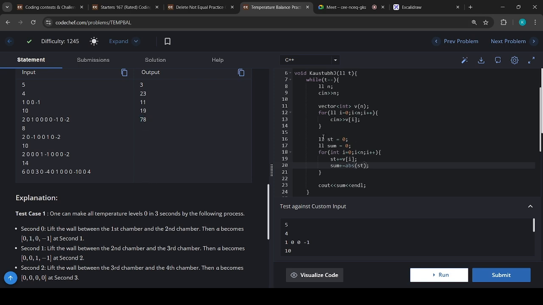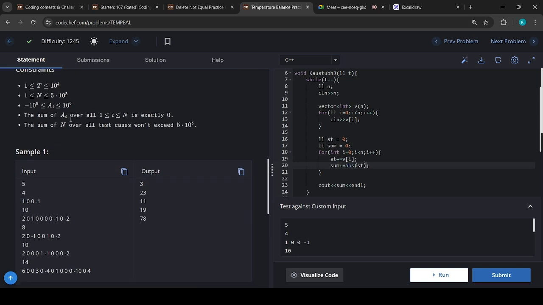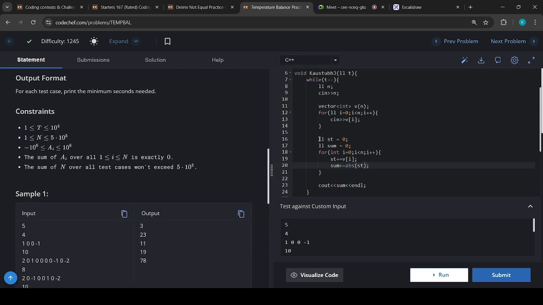And in that, we have to take long because the numbers are in the range -10 raised to 6 to 10 raised to 6, and n is up to 5 into 10 raised to 5. So it will exceed int range, but in Python you can simply take int. So if we have added all the absolutes, it will give us the correct answer.